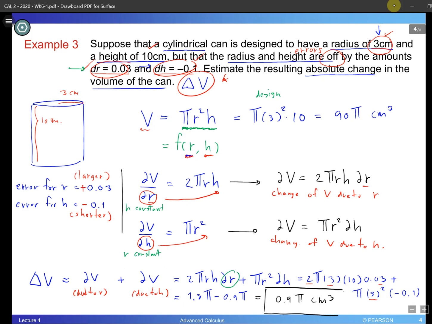Keep in mind that we have this plus right here. The delta V is plus, which means that the change of the volume is going to increase by 0.9 pi cubic centimeters. So let's make a note right here, increase by this amount, and that is the estimate. So that is how you use the partial derivative with the geometry of a cylinder.